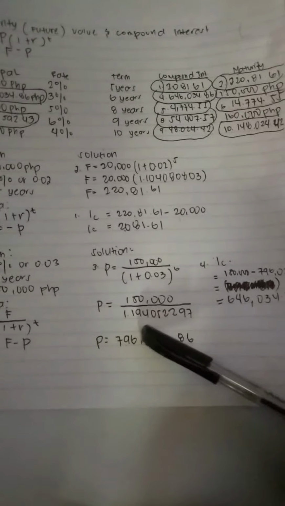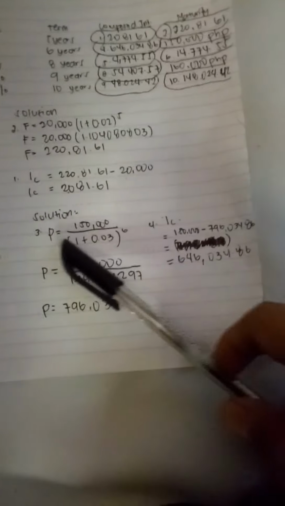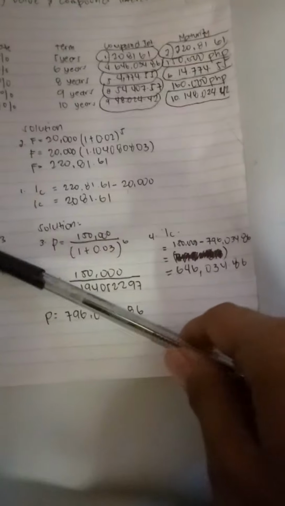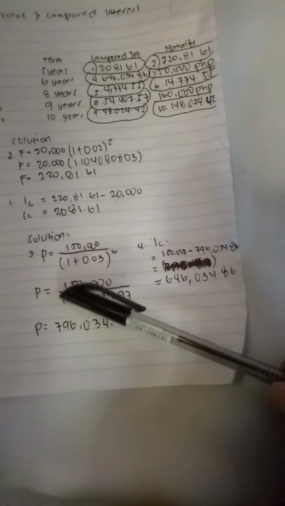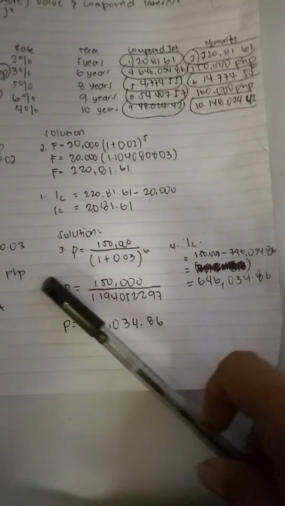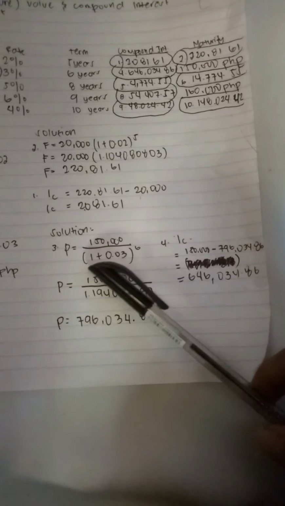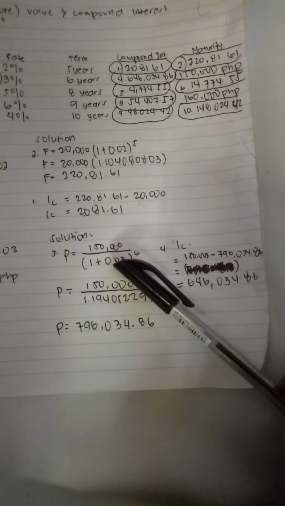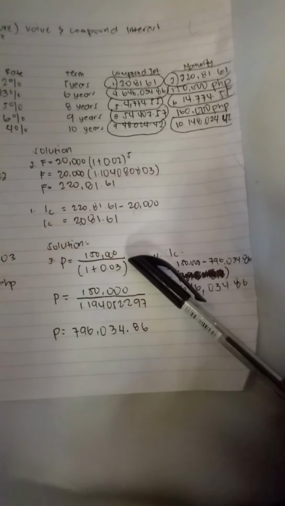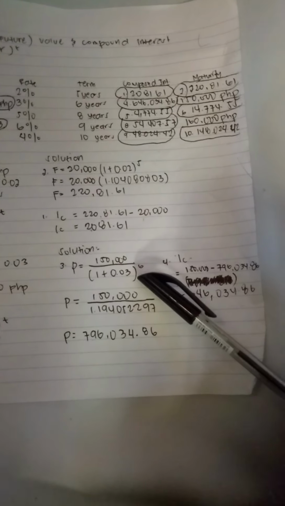Una po, isolve po muna natin yung principal. Bali, ito na po yung solution nya. Bali, distribute lang po natin ulit yung given sa formula. 150,000 yung future value over 1 plus 0.03 yung rate over yung 6, ito yung value ng time.